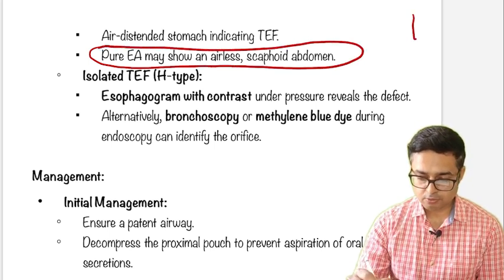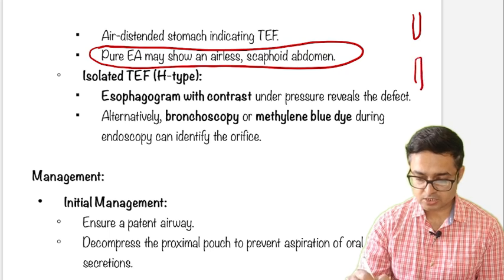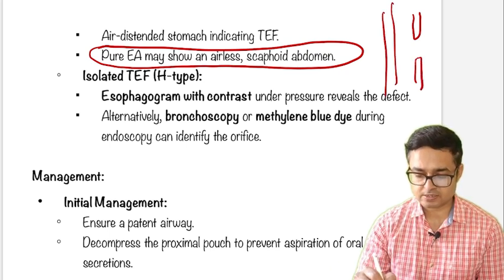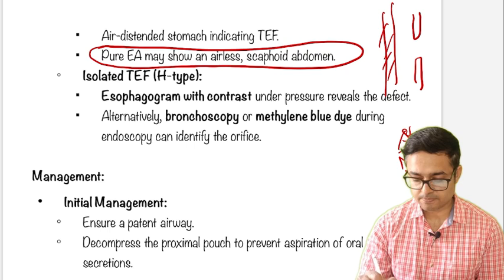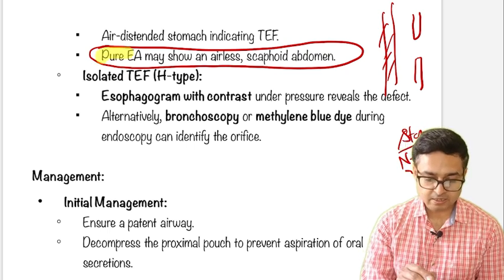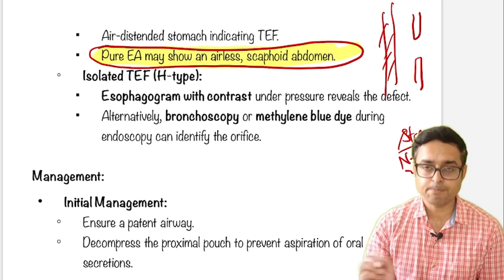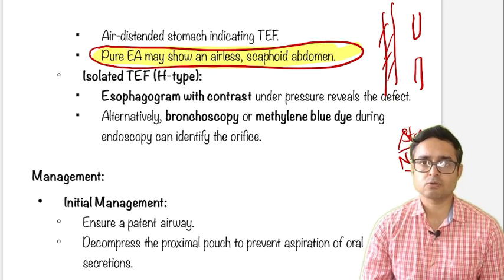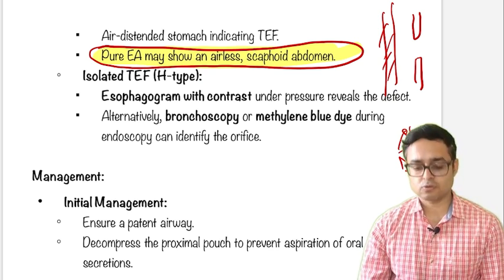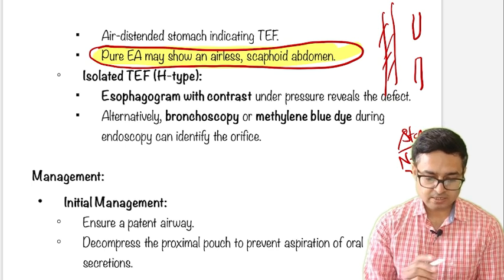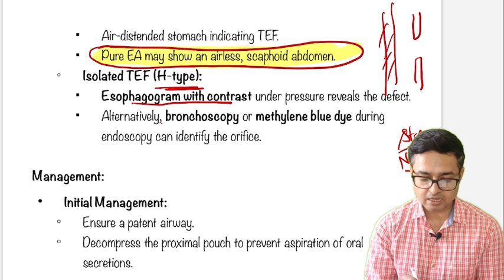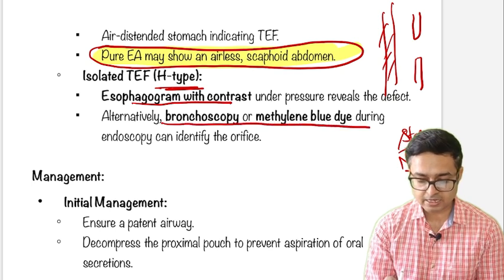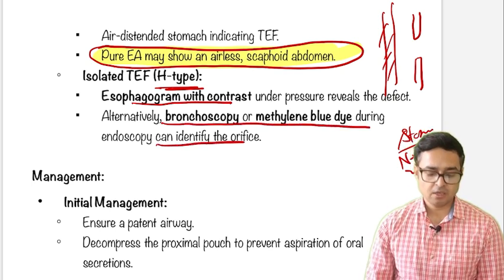When there is no tracheoesophageal anastomosis, the stomach has no air. This is an important differentiating statement. Pure esophageal atresia is also called type A esophageal atresia. What is the investigation of choice in H-type? Esophagogram with contrast, and bronchoscopy or methylene blue dye during endoscopy can identify the orifice.